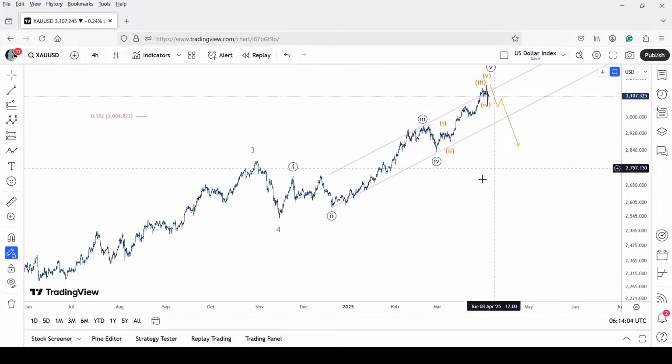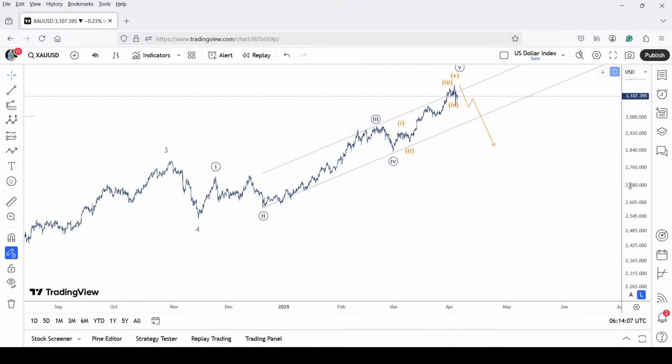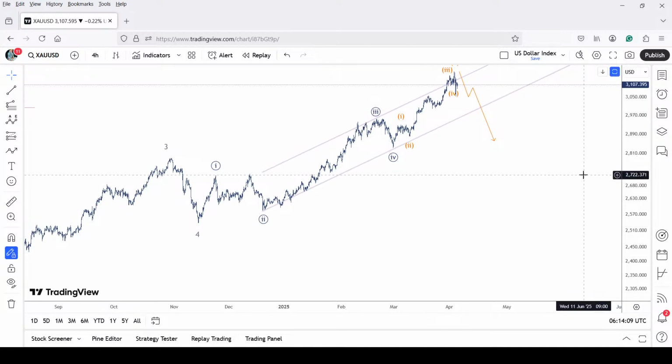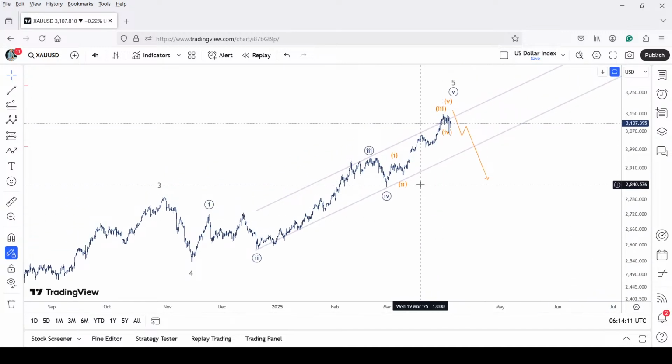We would like to leave it as an alternate count where the third wave extended itself, where you have wave 1, wave 2, and then 1, 2, 3, 4, and 5. And now we've got wave 4 in the making, and another push higher towards wave 5.